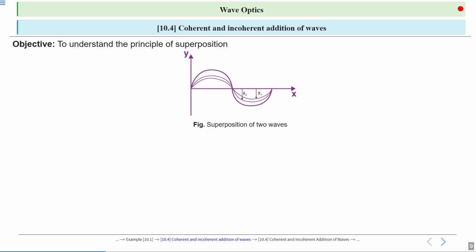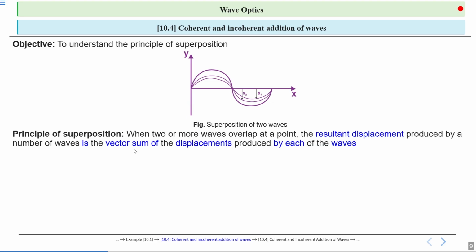Maximum displacement is called amplitude. You can see this outer wave, represented by bold font. Its maximum displacement along the y-axis is known as the amplitude of the wave. Got it?